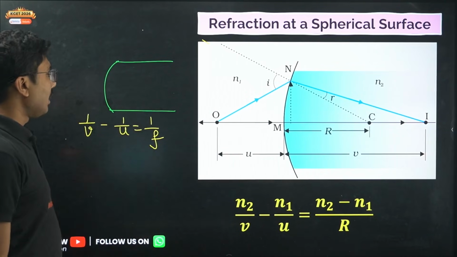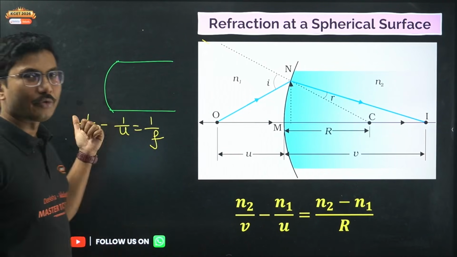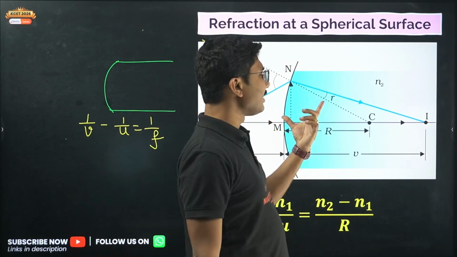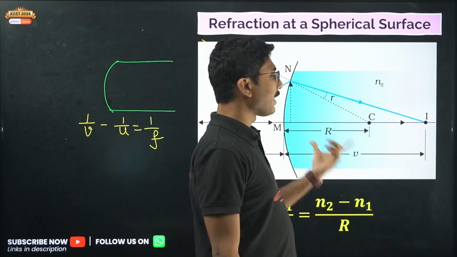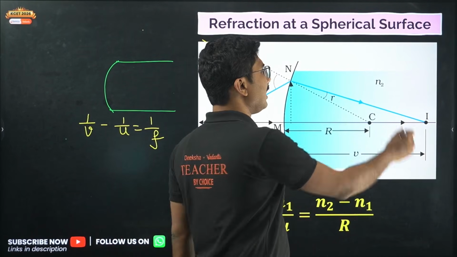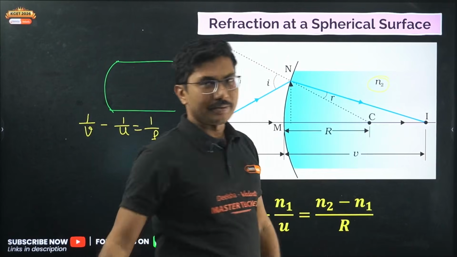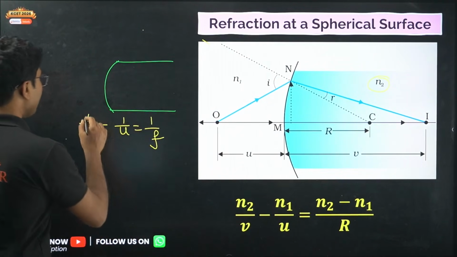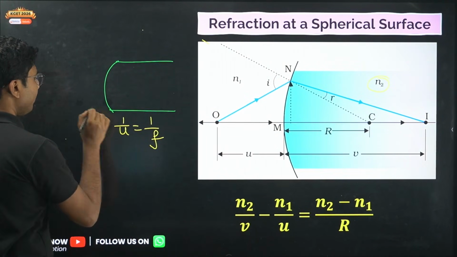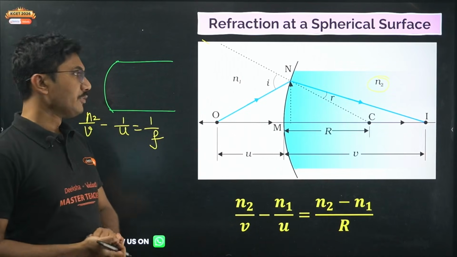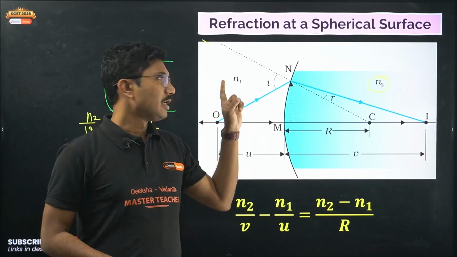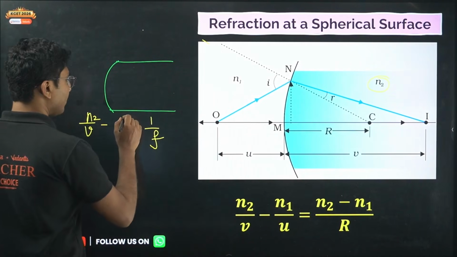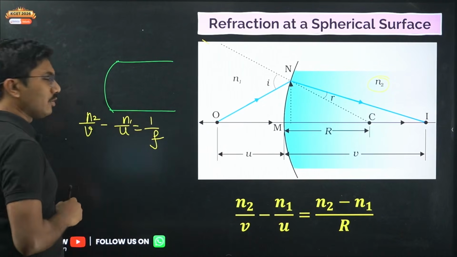But where is v located? v is located inside the second medium, the glass medium. What is the refractive index of that medium? The refractive index is N2, so you just need to put N2 on top of it. Where is u located? u is located in the first medium, air, so you just need to put N1 over here.